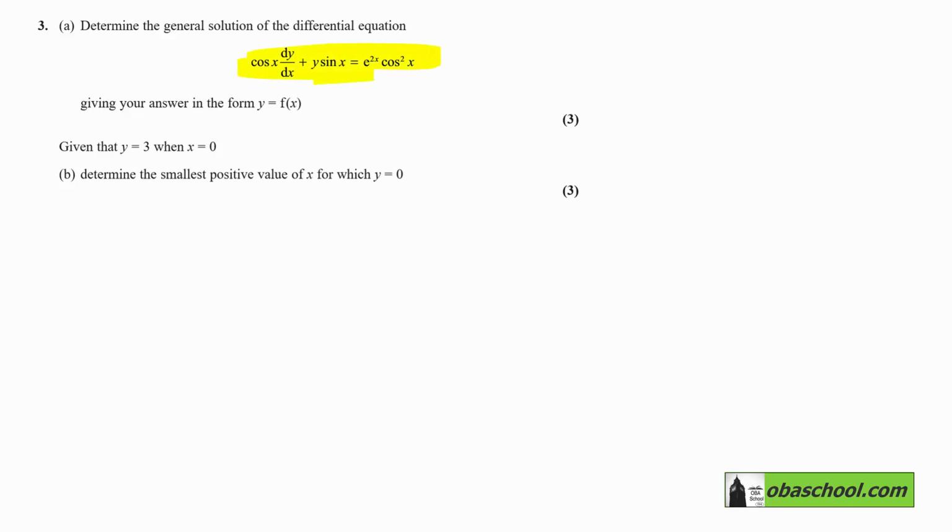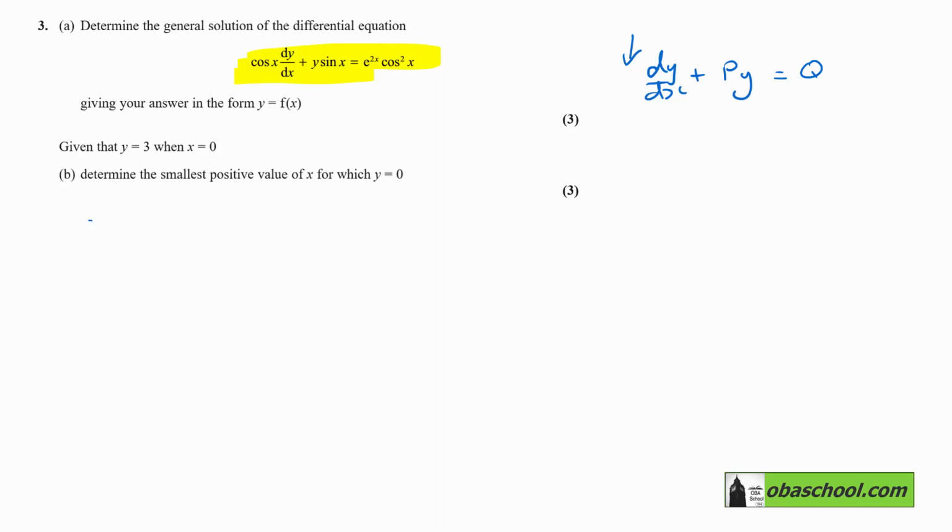When we look at this equation here, it's not quite in the right form for a first order equation. We want dy/dx + Py = Q. So we're going to start by dividing through by cos x.